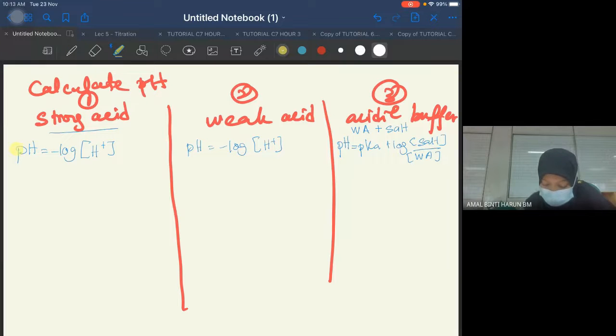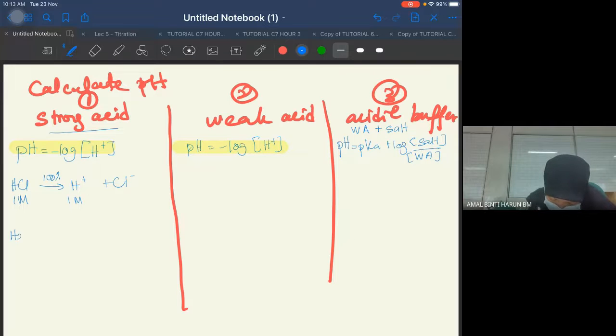Now what differentiates a strong acid and a weak acid? Let's say I have 1 molar HCl. A strong acid is 100% ionized, meaning 100% dissociated. So it will form H plus and Cl minus. If 1 molar HCl, that means you will get 1 molar H plus. If you have a diprotic acid such as sulfuric acid, it is 100% dissociated.